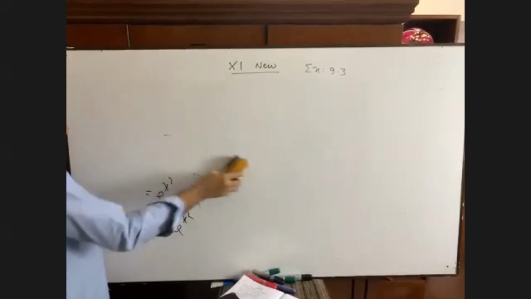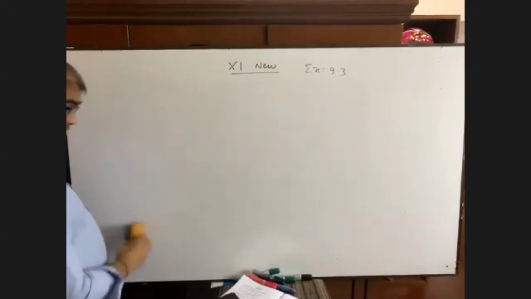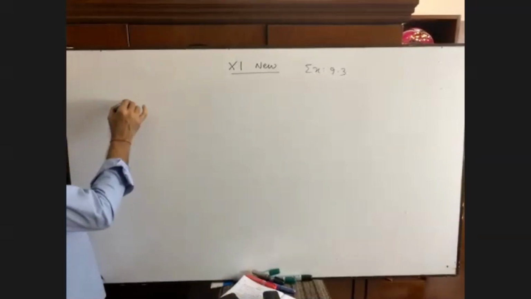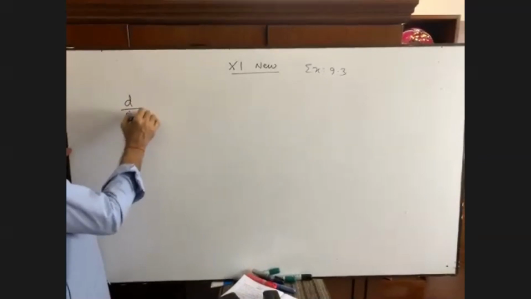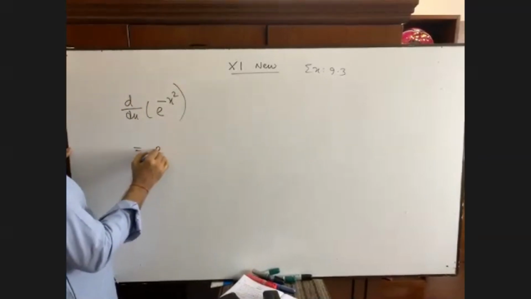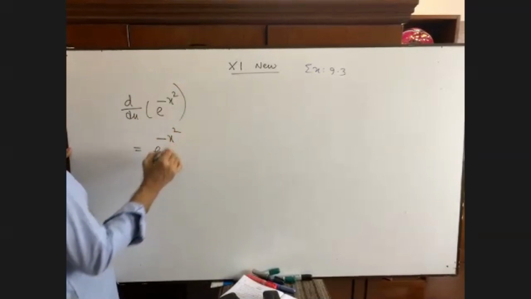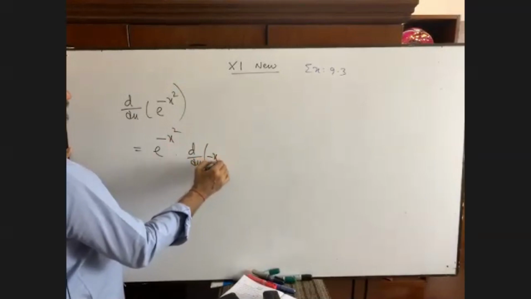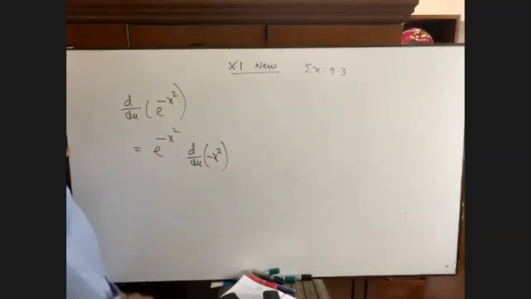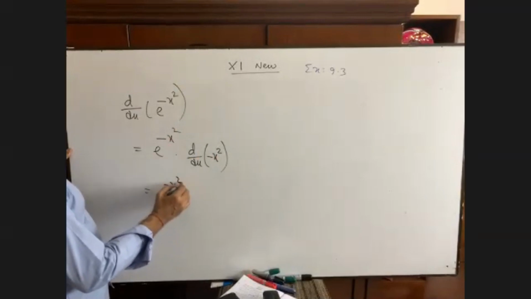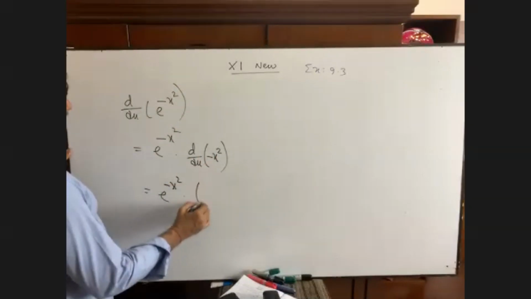I think you are enjoying, right? Okay. E to the power minus x square. D by dx of e to the power minus x square. E to the power x square. Then d by dx of minus x square. E to the power minus x square, it is what?